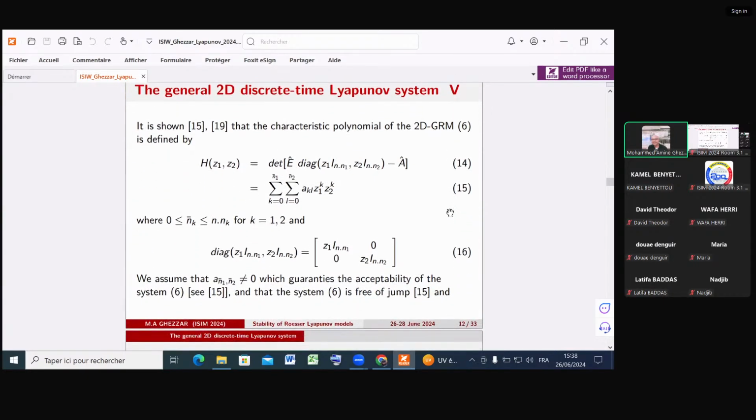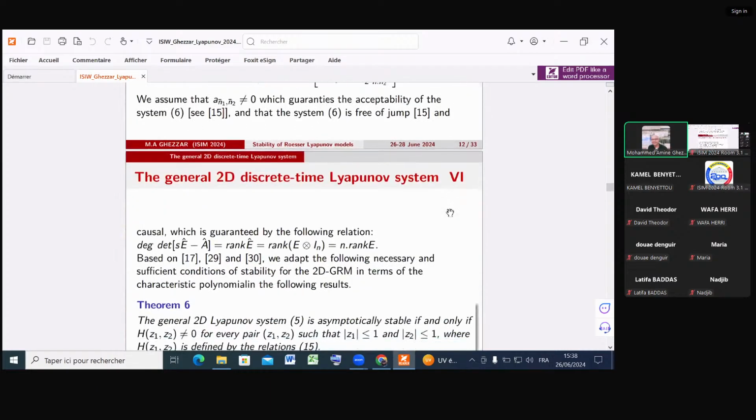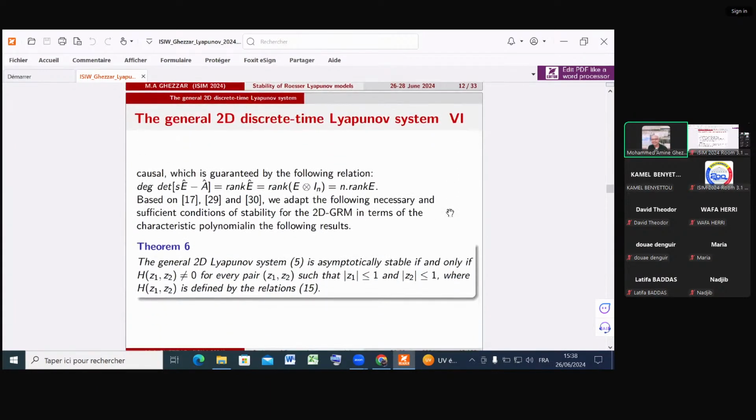We have to know that here we are studying the stability not by the spectral approach, but by the LMI approach. LMI means linear matrix inequalities. It is not the same as the Lyapunov test, but we have the same approach.